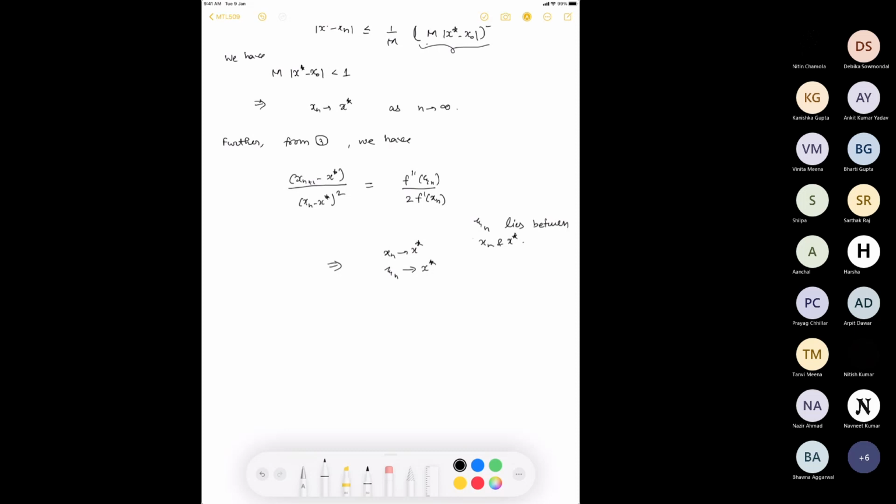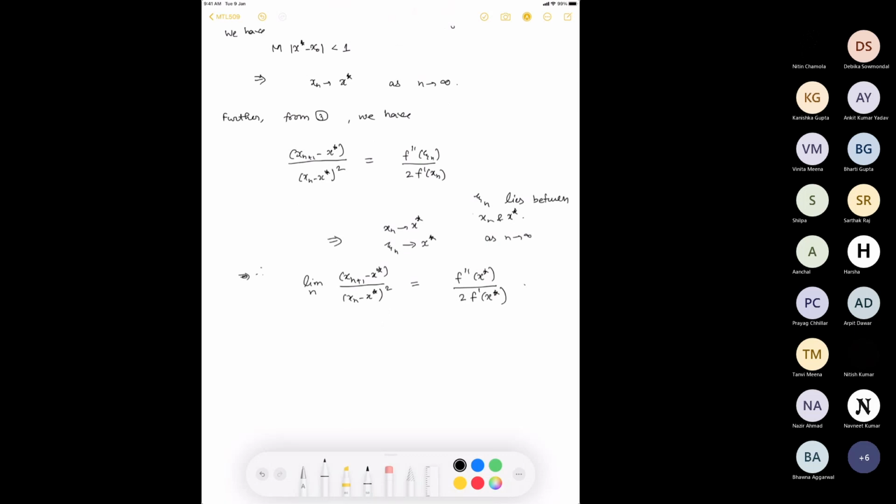So therefore the limit of this factor is nothing but f double prime of x star divided by 2 f prime of x star. Okay, so this completes the proof of this theorem.